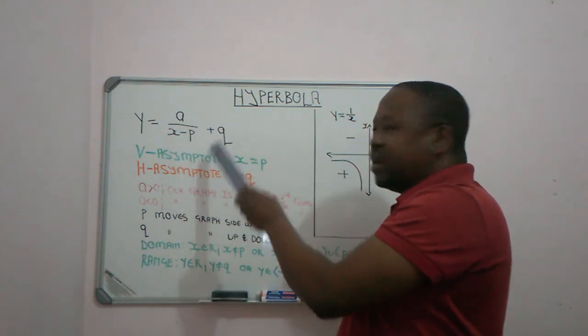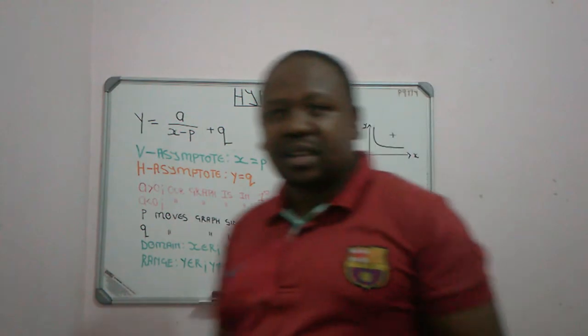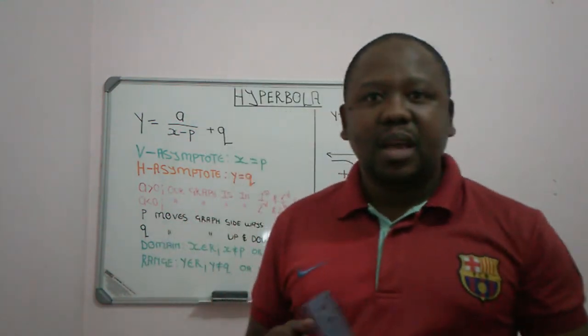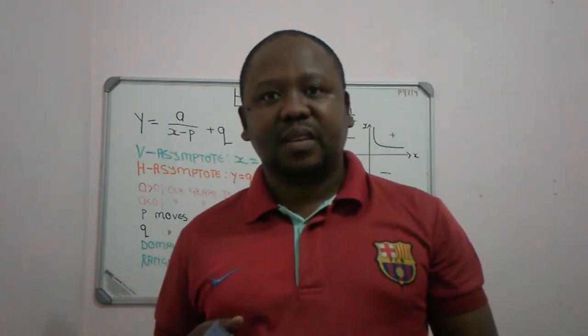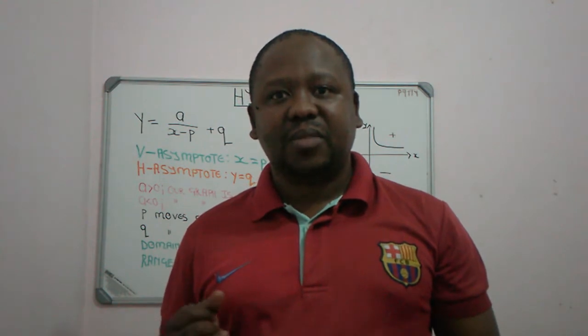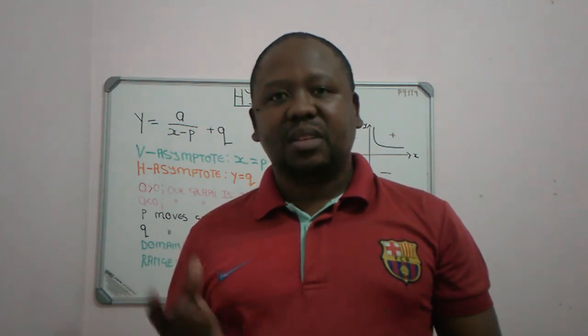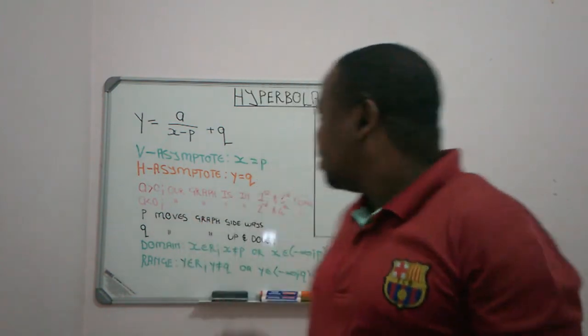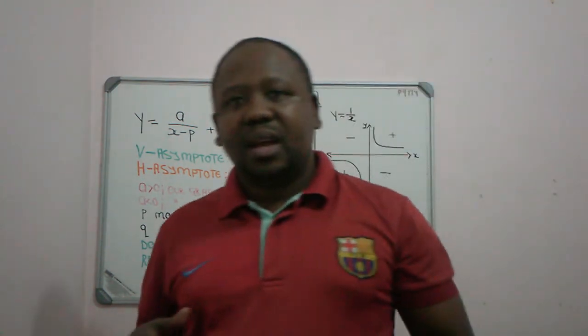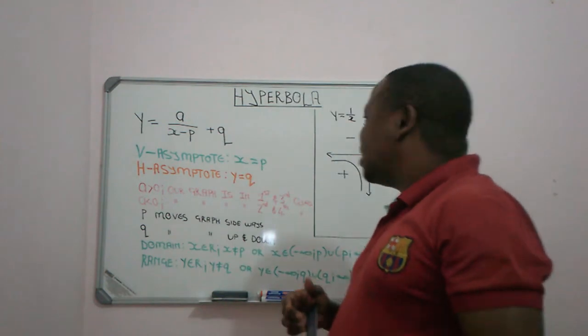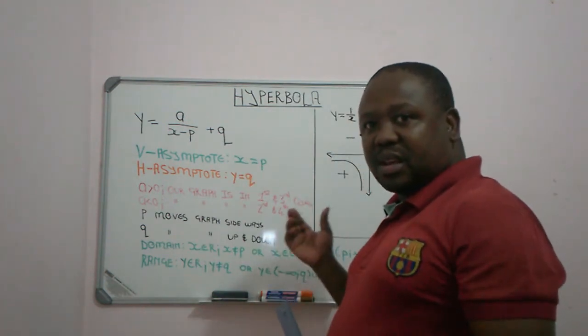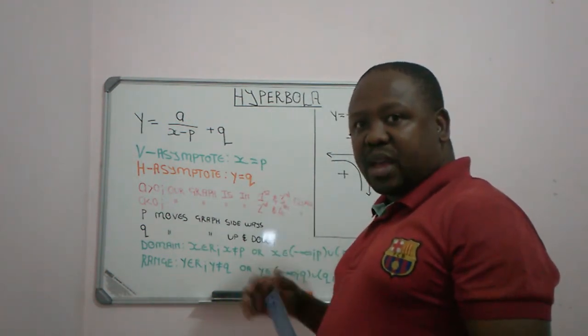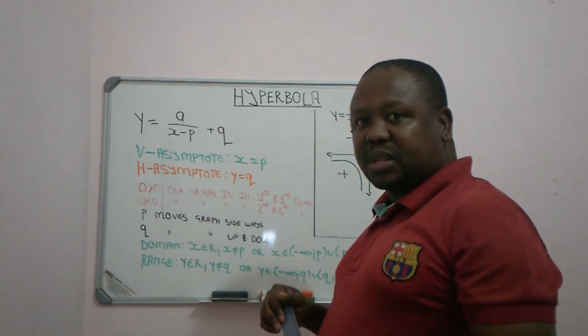For example, just like in quadratic equations, where a gave us the direction of the shape, meaning the shape is facing upwards or downwards, the same thing applies with the hyperbola. A gives us the direction or the quadrant where our graph will be plotted.